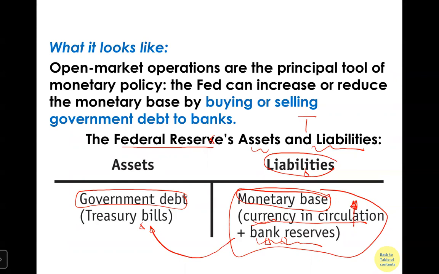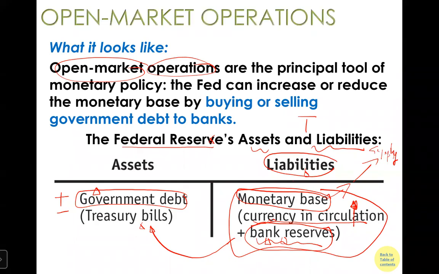Through open market operations, the Fed can change their holdings of government bonds. That is going to change the bank reserve. The change of bank reserve affects the size of the monetary base, and eventually that affects the money supply. So that's how the Fed can affect the money market.